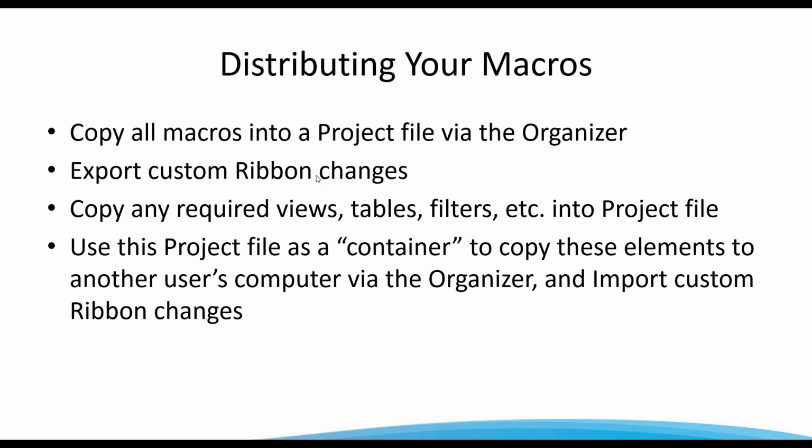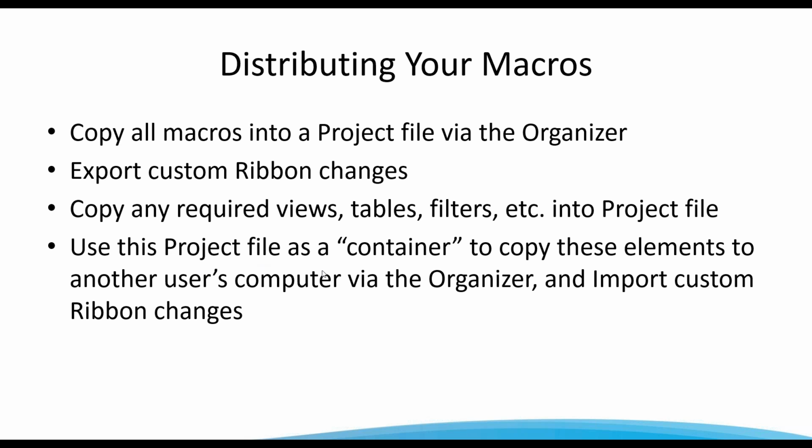Sometimes, depending on the macro, there may be things like views, tables, and filters that you are referencing as part of your macro, so you may need to bring those over as well. If your macro is using a particular view, you can bring it along with your automation so it's able to find that view. The way we do that is we can copy all those things, except the ribbon changes, which I'll talk about in a second.